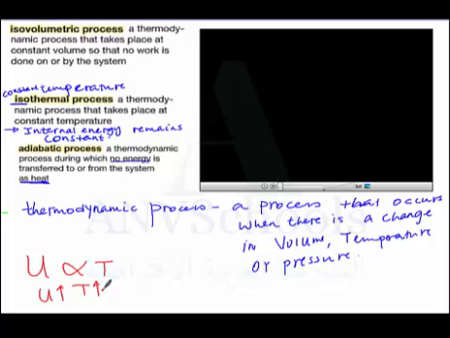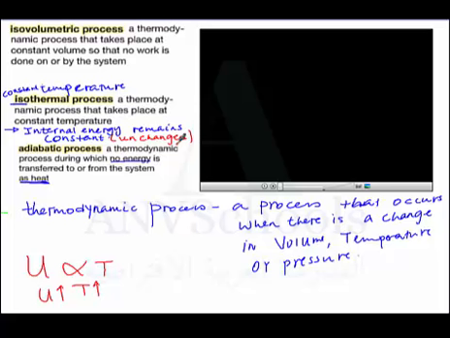So an isothermal process is a thermodynamic process that takes place at a constant temperature and in which the internal energy of the system remains unchanged, because the internal energy of a system is proportional to its temperature. So this is the second thermodynamic process.